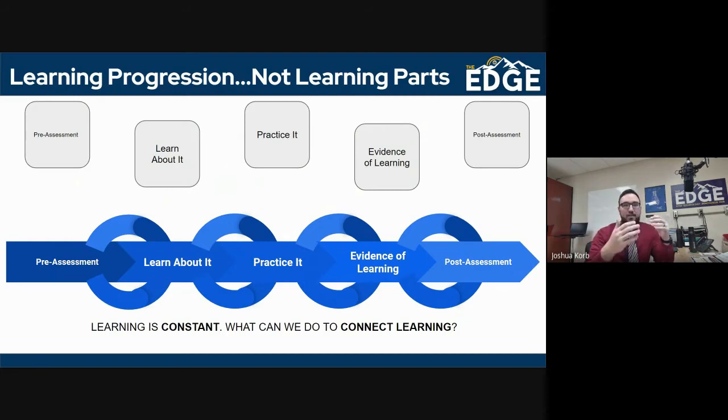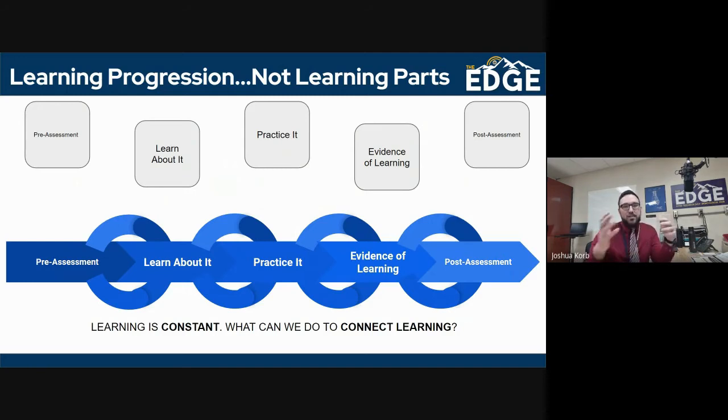I know for myself at least, especially in mathematics, when I taught at the high school, it was easy for us to get into this objective-based mindset where we learn this, then we learn this, then we learn this. It's very sequential, and it makes sense, but we're not able to keep that learning constant throughout the entire process.